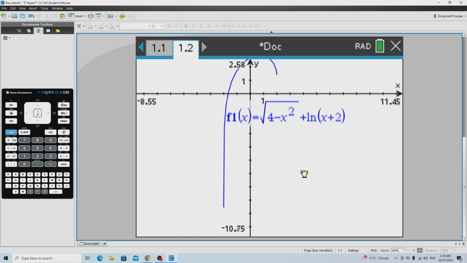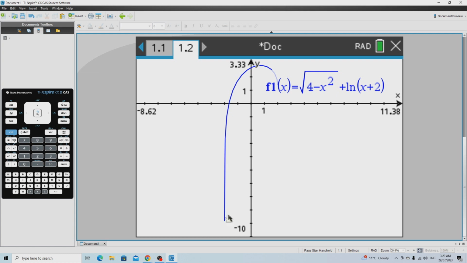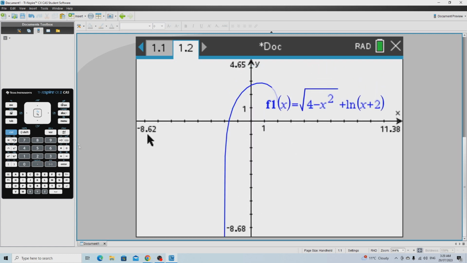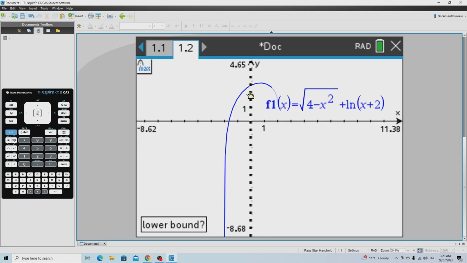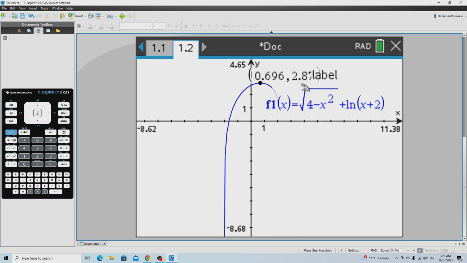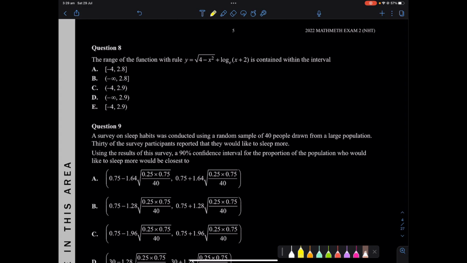So the range is, if I'm not mistaken, from some value to, if I go on menu, analyze, maximum, 2.87. So it's contained within the interval, not negative 4 to 2.88.